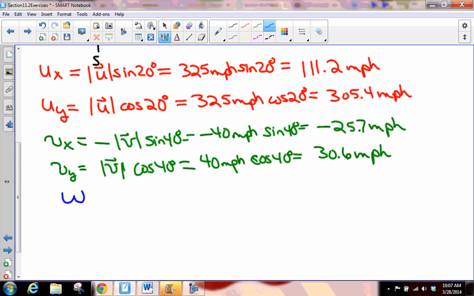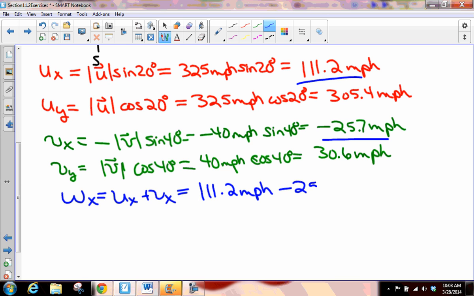So let's start by finding wx, which is going to be ux plus vx. So ux from up here is 111.2 miles per hour plus vx, which is negative 25.7 miles per hour. And that's going to give me 85.5 miles per hour.